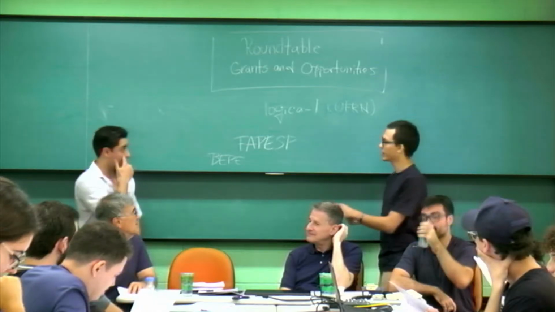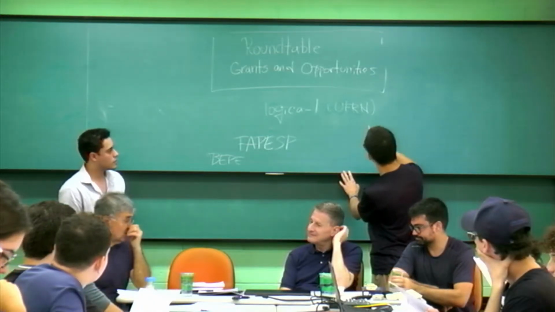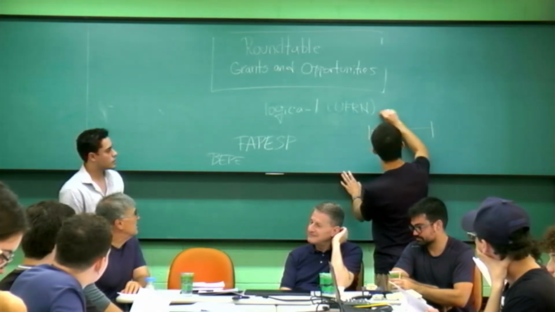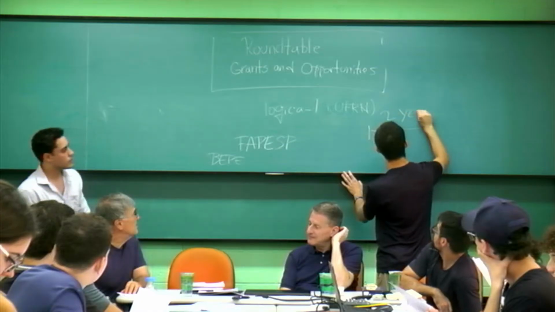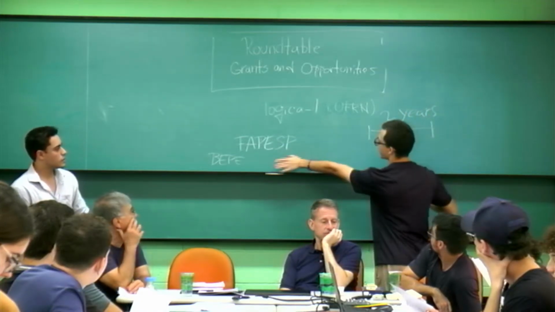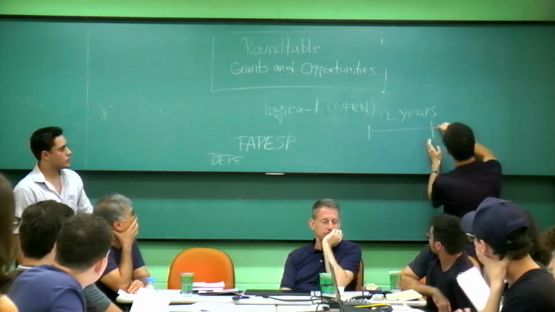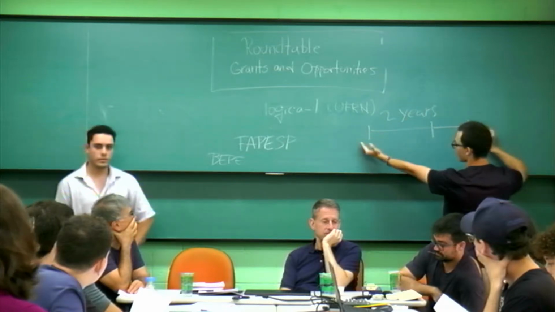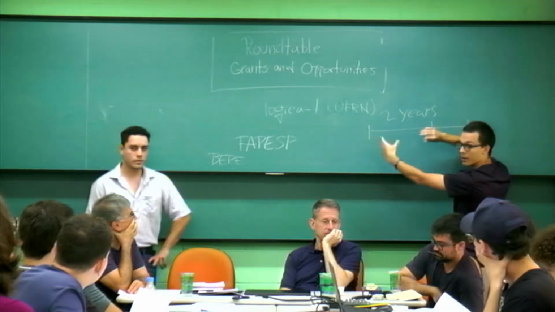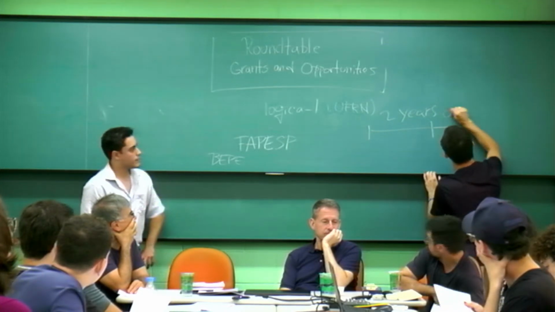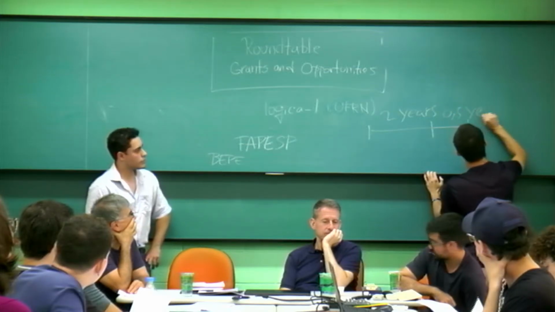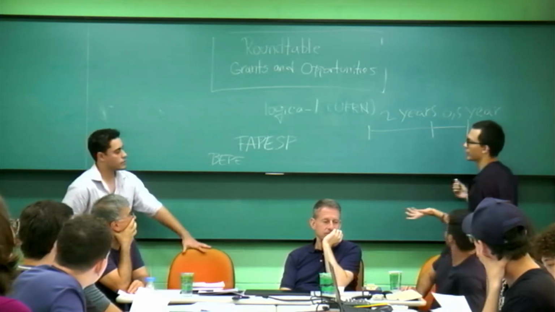And just one more thing. For example, for my master's, I'm going to spend 2 years. If I take a whole half year abroad, my whole grant is going to get expanded by another half year. That is the case for every grant received from FAPESP.